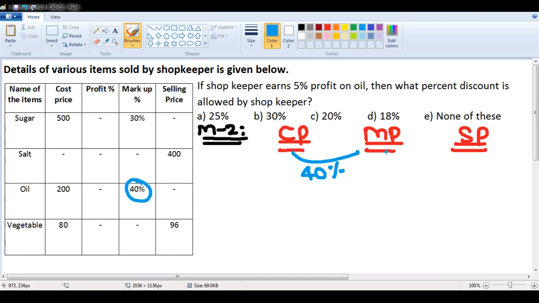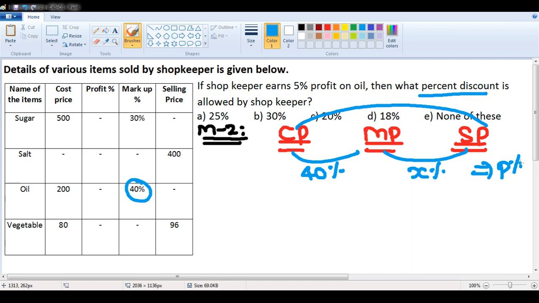Between market price and selling price, discount percentage will come. That is what I am calculating. Overall resultant, from here to here, a direct jump, will be the profit percentage, which is given as 5% in the question. Whenever there are minimum 2 percentage changes, apply successive percentages, which I discussed in my previous class.